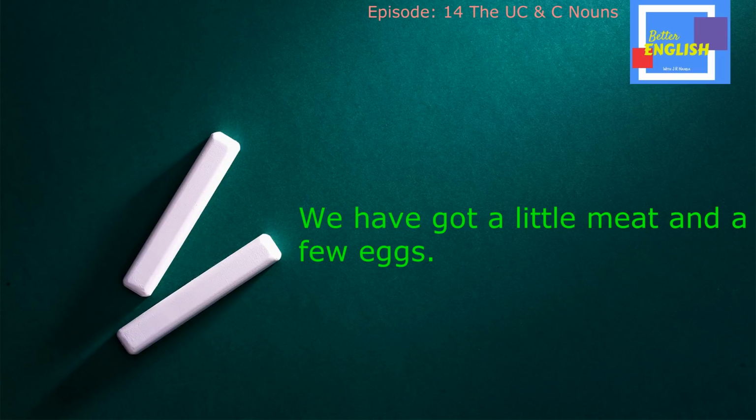So we've gotten a little meat and then a particular number of eggs. That's why a few eggs. Eggs, look at the plural form of the noun, S form. That is why you use a few. So the right answer is a little meat and a few eggs.